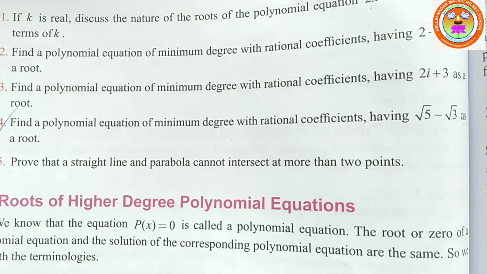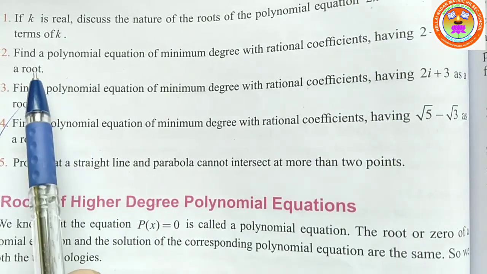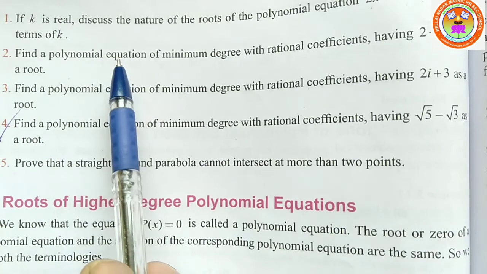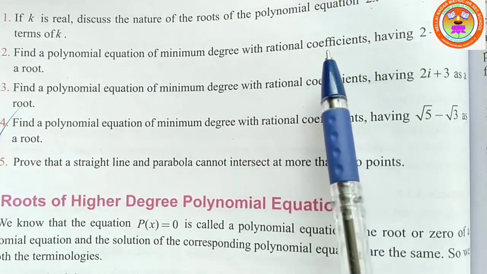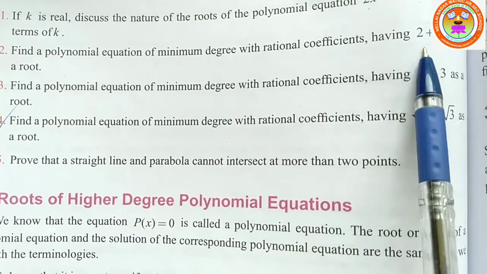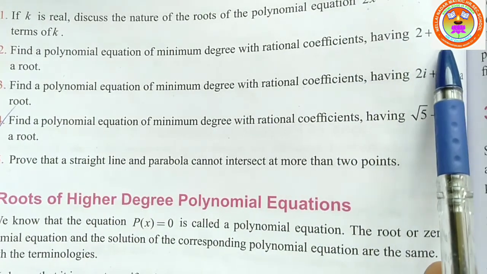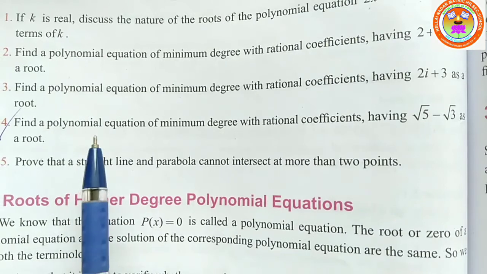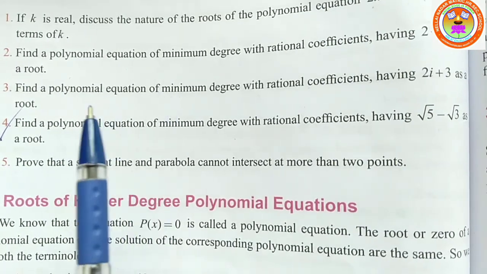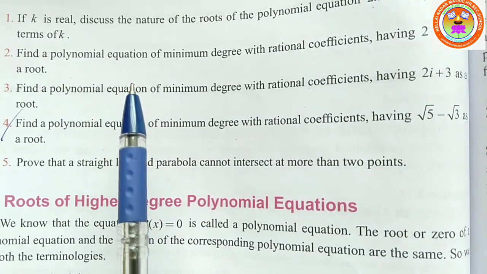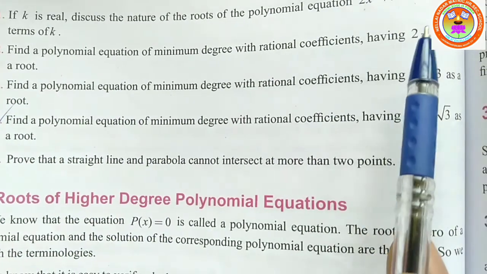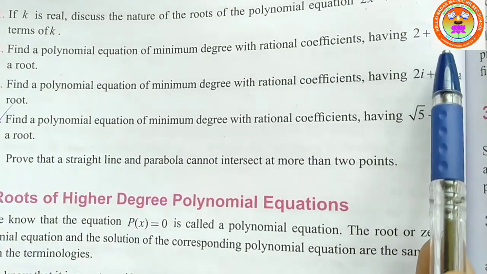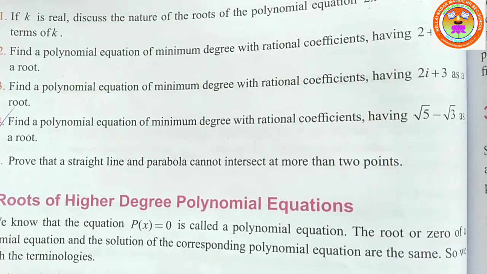Now see the second question. Find a polynomial equation of minimum degree with rational coefficients having 2 plus root 3i as a root. So we have to find one polynomial equation which has 2 plus root 3i as one of the roots.